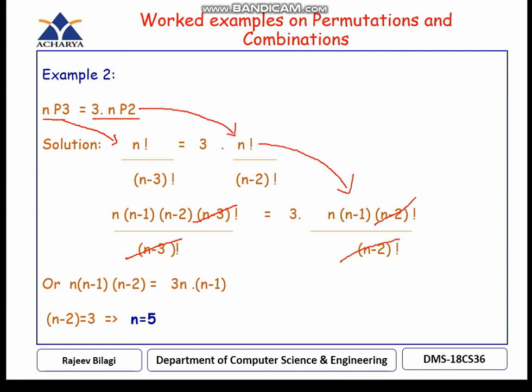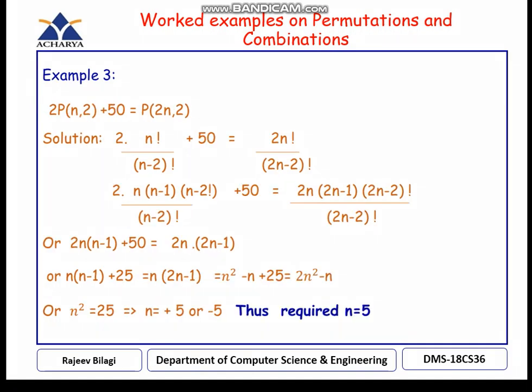With this, if we simplify, this one gets cancelled, and this n and this n get cancelled. So we are left with n minus 2 is equal to 3, which will give you n is equal to 5.